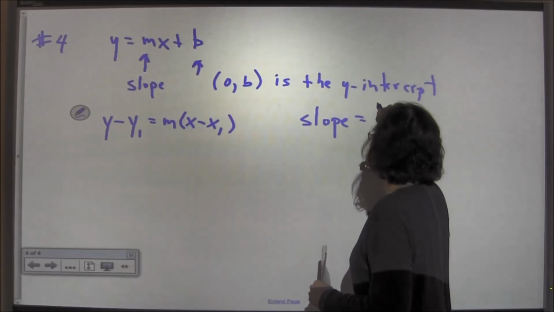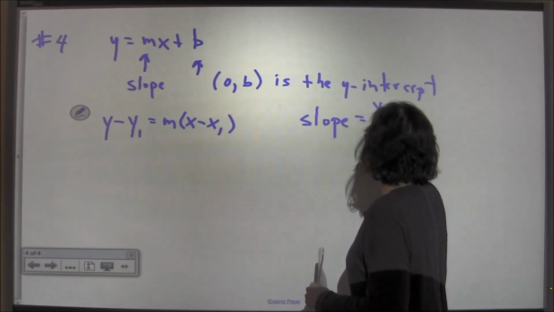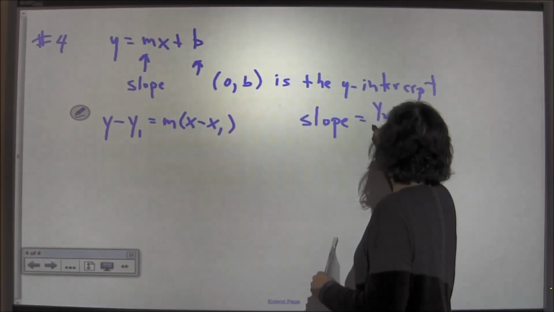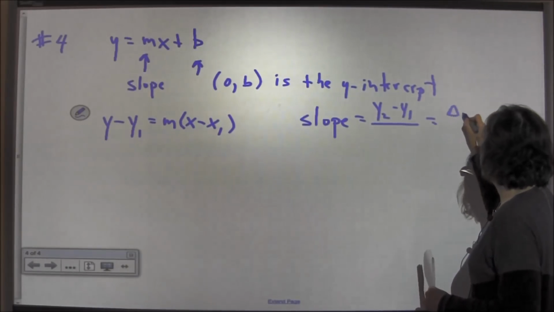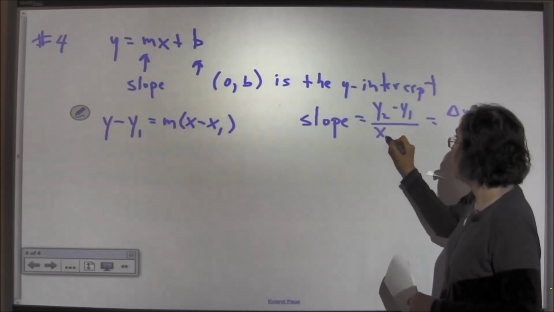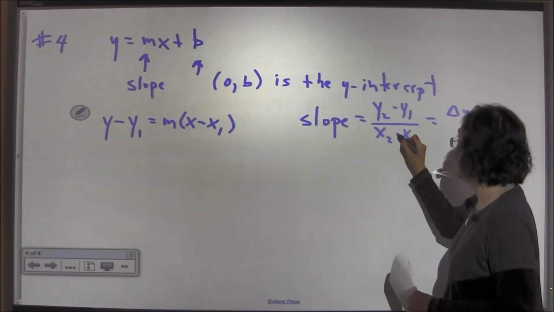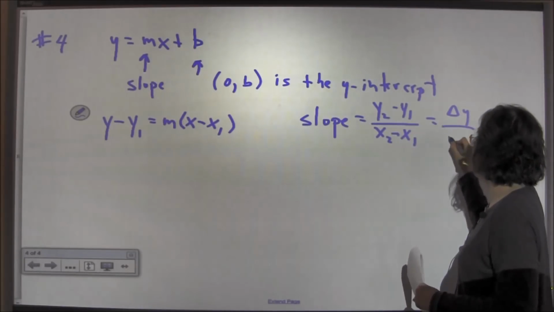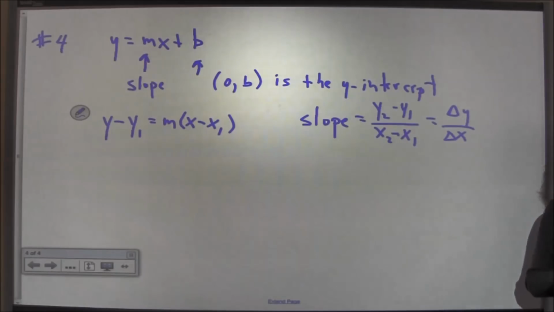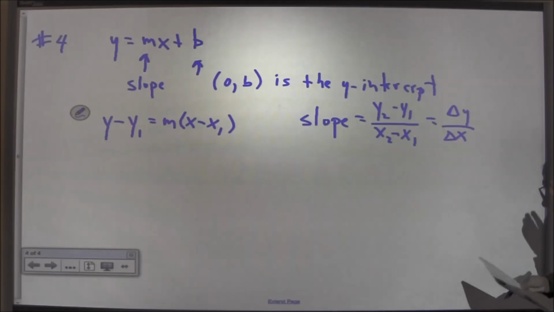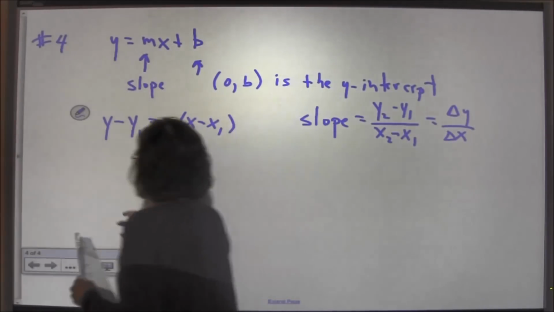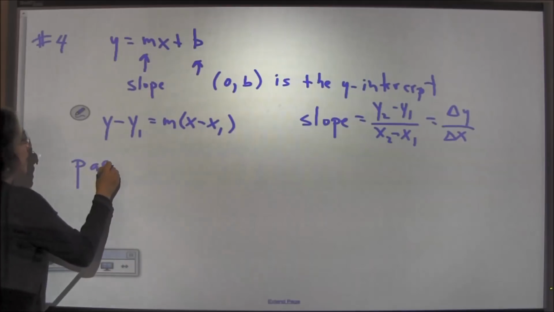Remember, slope is the difference in your y's. You can write that as delta y over the difference in your x's. And you can write that as delta x for short. The other thing about lines is remember that parallel lines have the same slope.